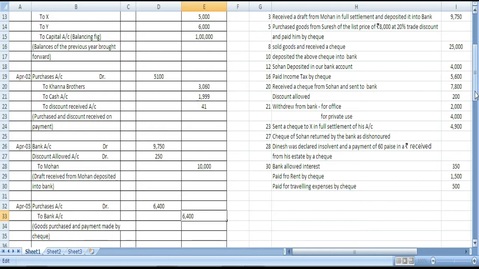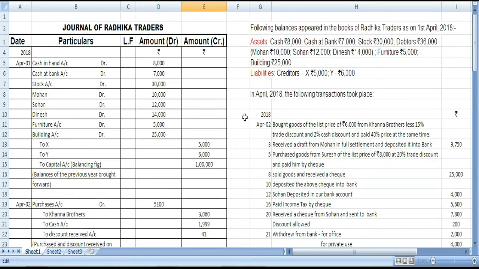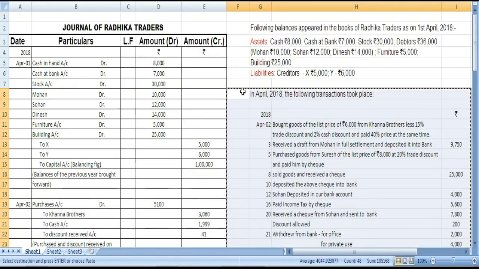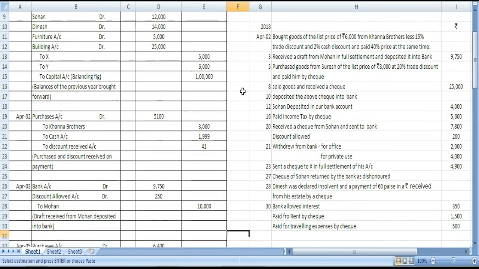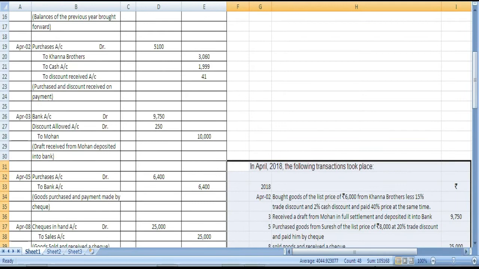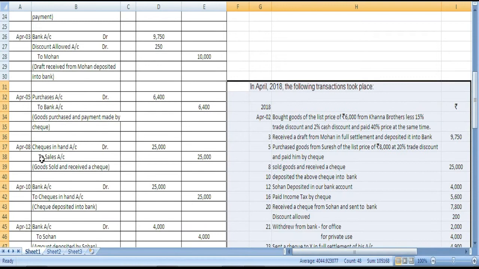Okay. Now, let me bring this question down. Next we have April 8. The narration for April 5 we wrote: goods purchased and payment made by check. April 8, goods sold and received a check.